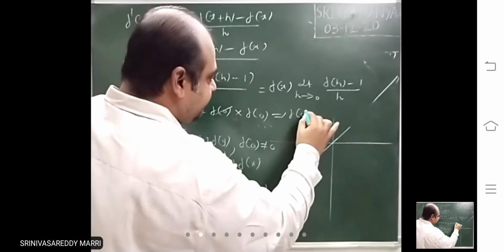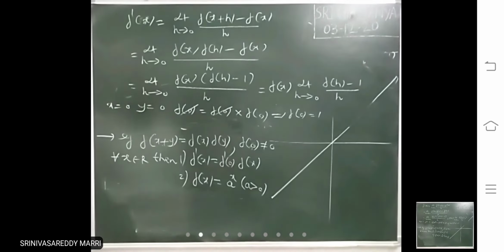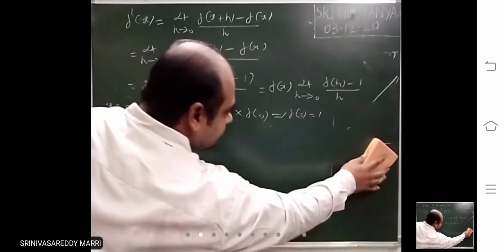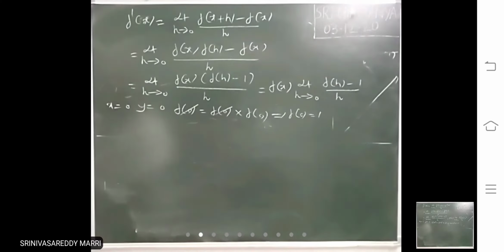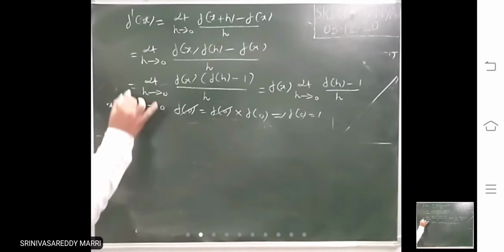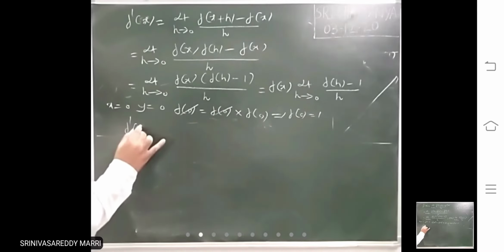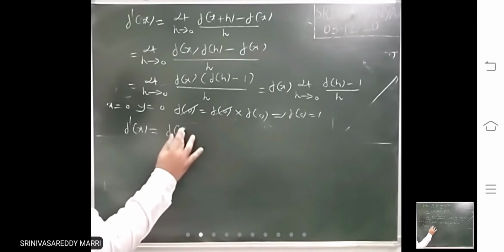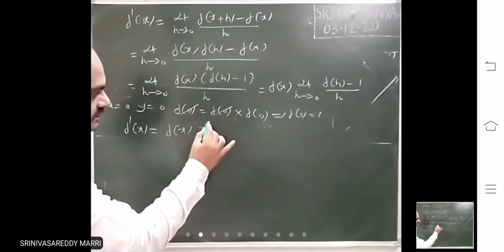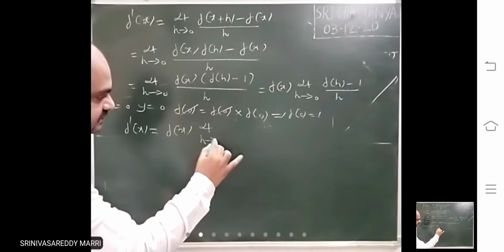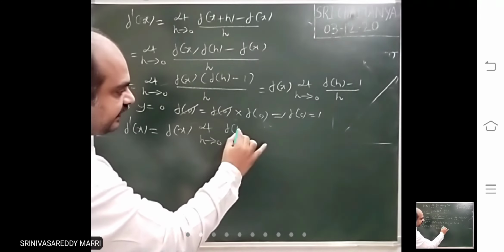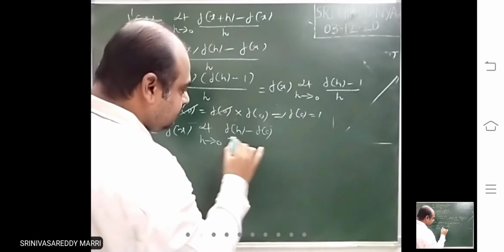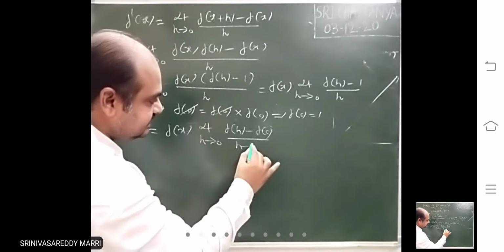That implies from the given equation f of 0 is 1. So f dash x is nothing but f of x, limit h tends to 0, f of h minus f of 0 divided by h minus 0.